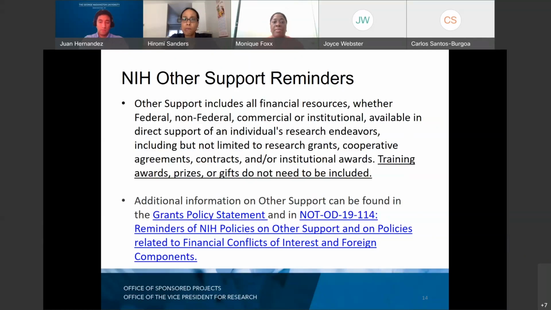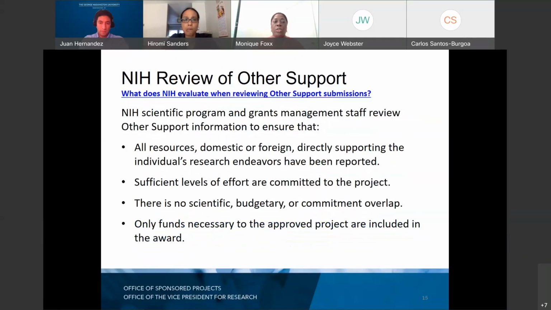The next bullet, I have some links here with additional information related to other support, so make sure you check those out. What is NIH looking for when they review your other support? So here we have a link which has more information.